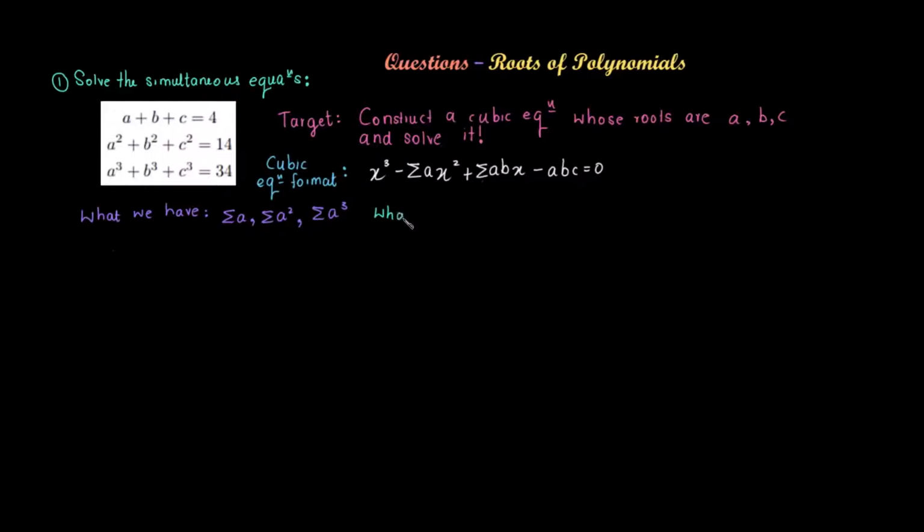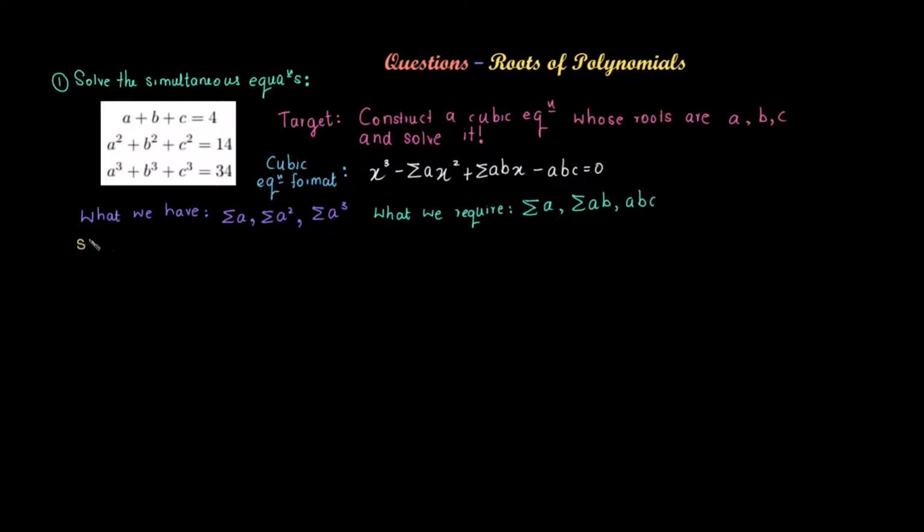You can deduce that from the cubic equation format. As you can see, we clearly need sigma a, and we have that already. We also need sigma ab. We do not have that yet. And also we need abc. So we have to find those first. So we require sigma a, sigma ab, and abc.